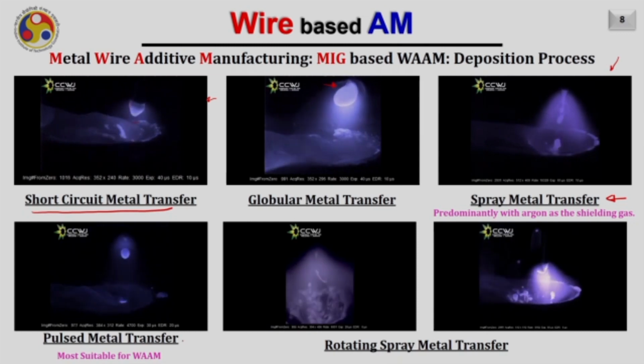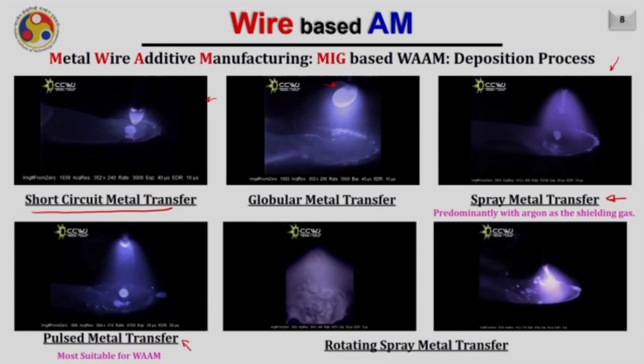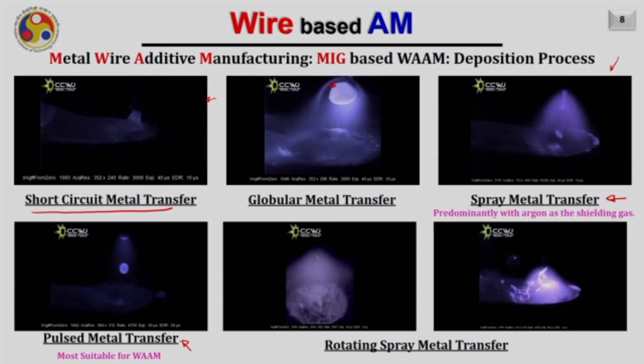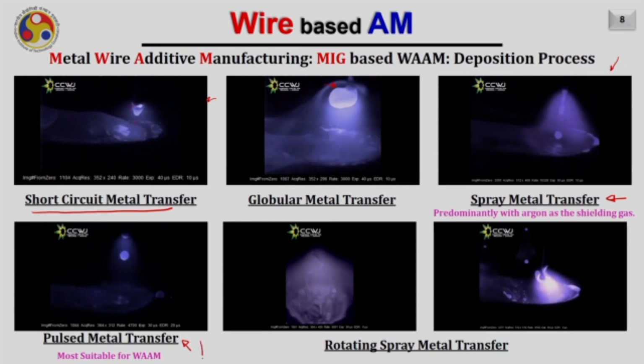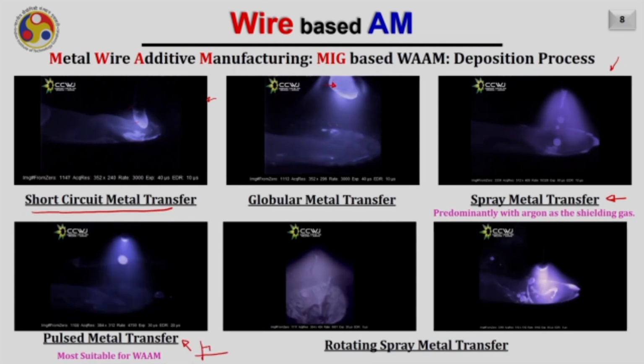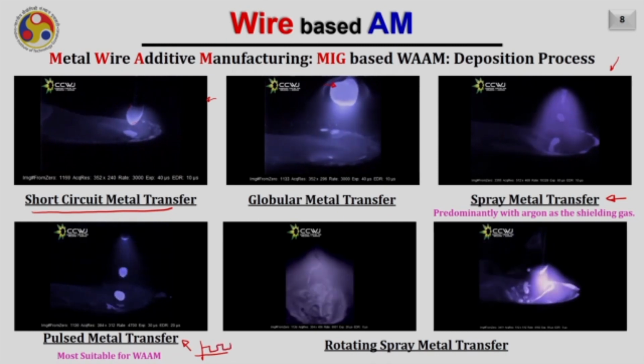The fourth one, the more optimal one, is called the pulse metal transfer. In this case, we do not maintain a constant value of the current, while the current varies in pulses like this, like I am showing here.